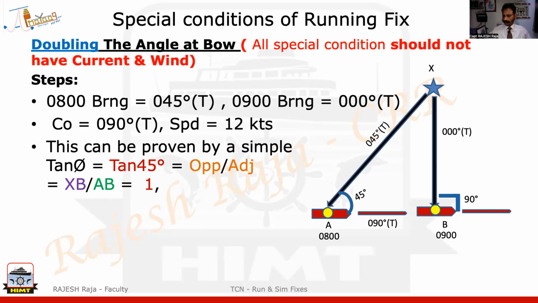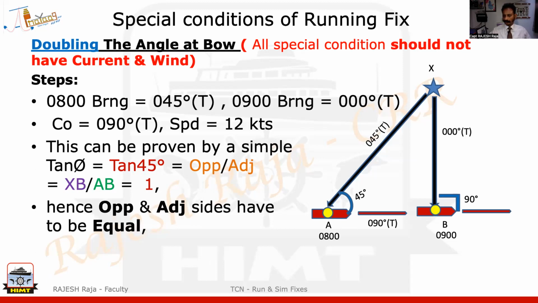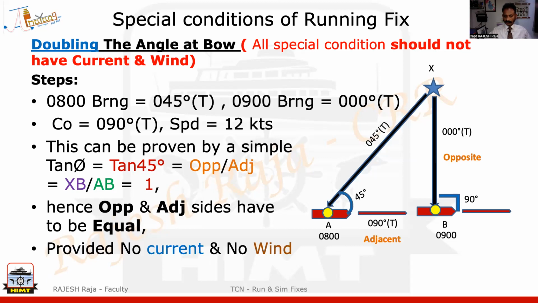And since tan 45 is 1, opposite and adjacent have to be the same to get the answer 1. So the opposite side and the adjacent side, which are your AB and your XB, have to be equal. This is your opposite, this is your adjacent. Provided there is no current and no wind. Why? Because I'm trying to form a right angle triangle.